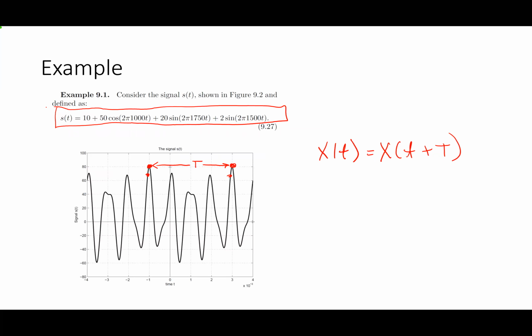For what I've given you here, S of T equals 10 plus all that stuff, which form looks the most natural to start with? The sine cosine form, because this guy is in sine cosine form. If I had a bunch of stuff that had cosine omega t plus theta, then I probably wouldn't start in that form. So I want to start with whichever one is the most natural and then go back and forth between them.